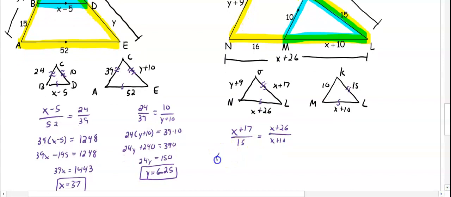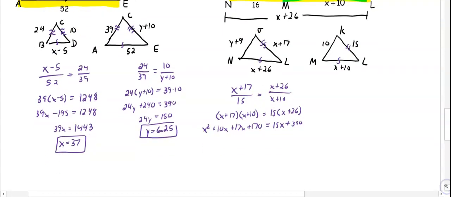Then we can cross multiply. We get (x plus 17) times (x plus 10) equals 15 times (x plus 26). So we get x squared plus 10x plus 17x plus 170 equals 15x plus 390.